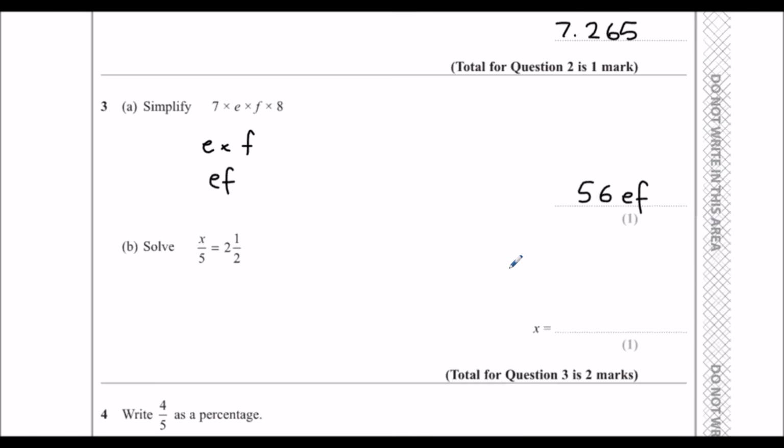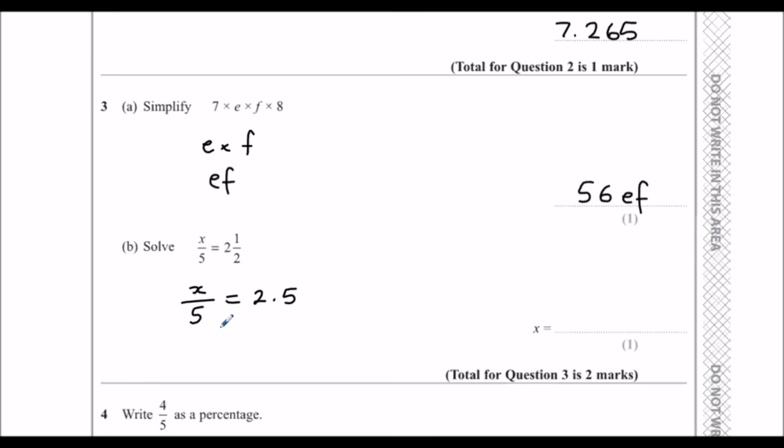3b. We've got X over 5, so X divided by 5 equals 2.5. You might prefer to write that as a decimal. Something divided by 5 is 2.5.